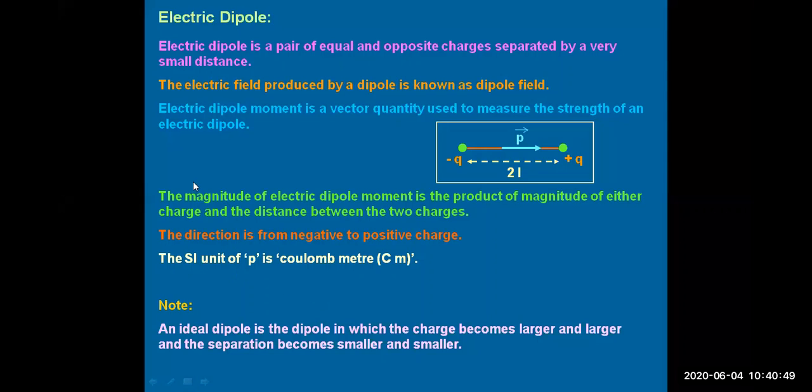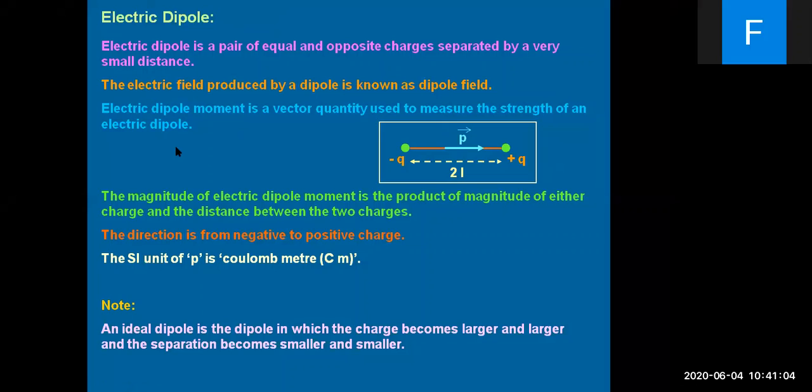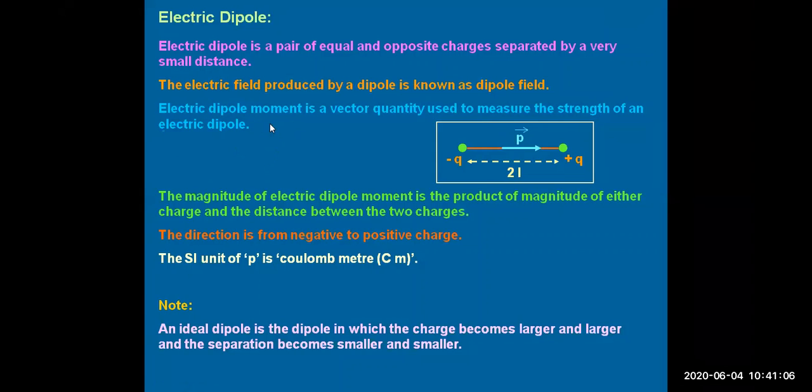So these are the points you have to discuss regarding an electric dipole. So it is a pair of equal and opposite charges separated by a very small distance, and dipole field is the field produced by a dipole. Dipole moment is a vector quantity and we use it to measure the strength of your electric dipole.